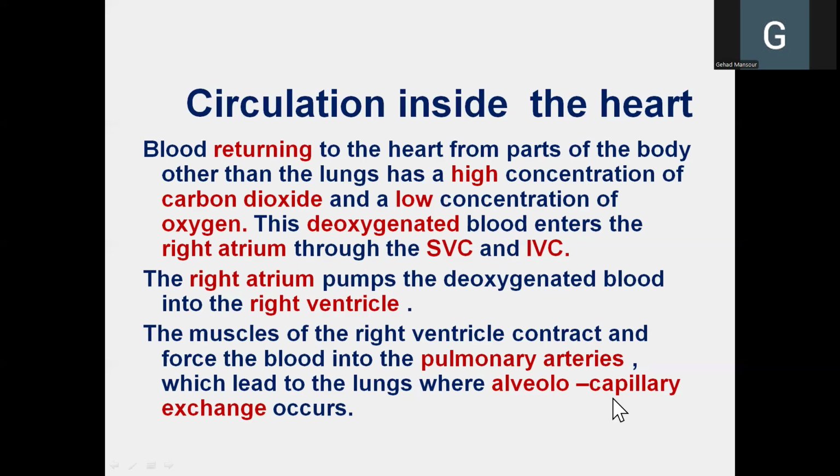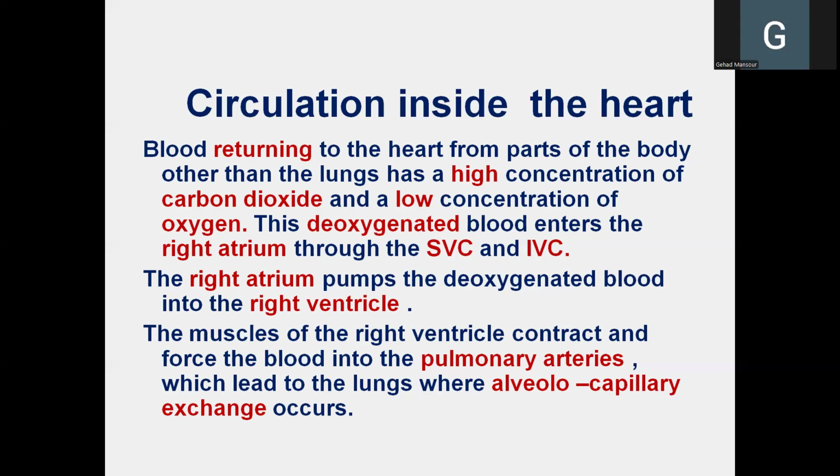What is the process that allows loading of the blood with oxygen, and where does it occur? The process is the alveolo-capillary exchange. It occurs in the lungs and it allows unloading of the venous blood of carbon dioxide and loading with freshly breathed in oxygen from the air sacs.